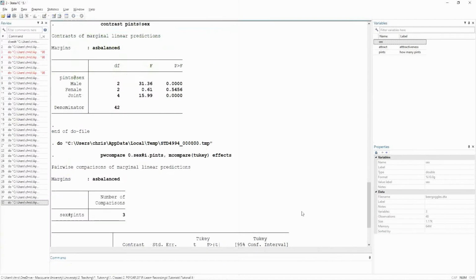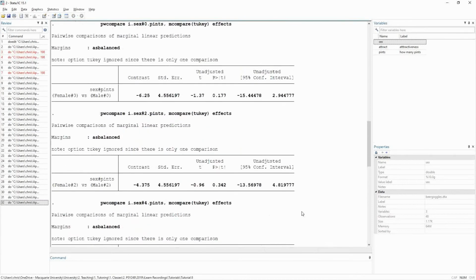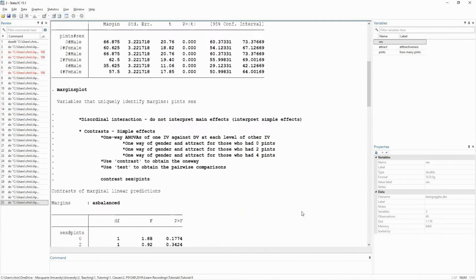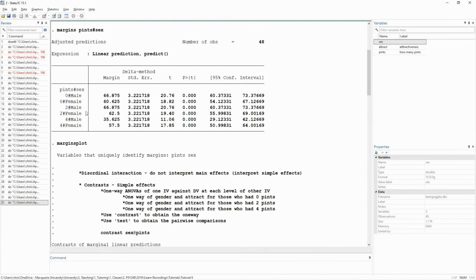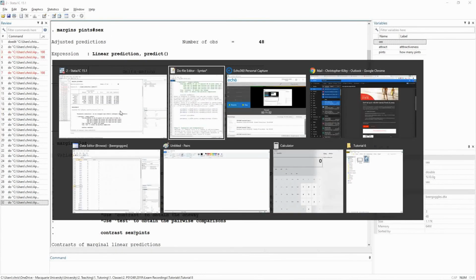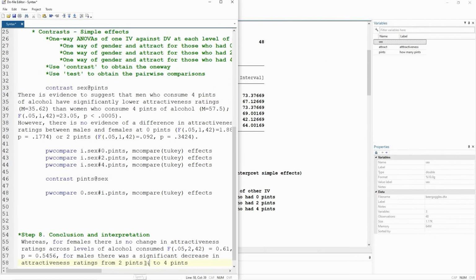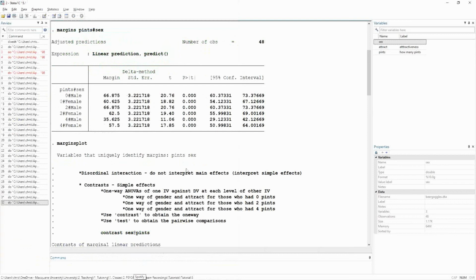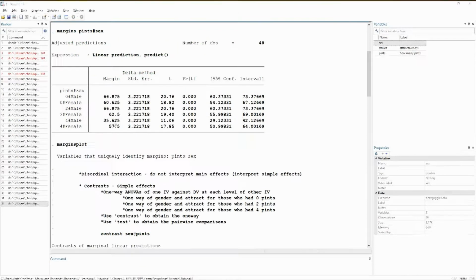And if I wanted to, I can include the means. So we can go back up to our means table and say males at 2 pints had a mean equals 66.88, to 4 pints, where our mean is now 35.63.